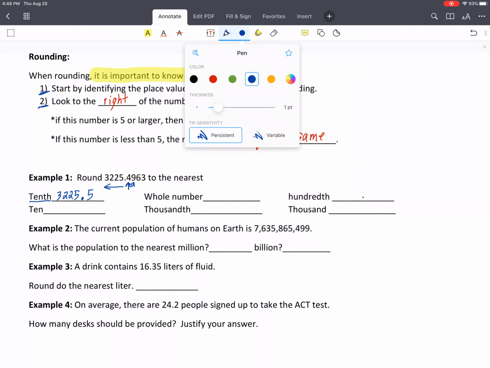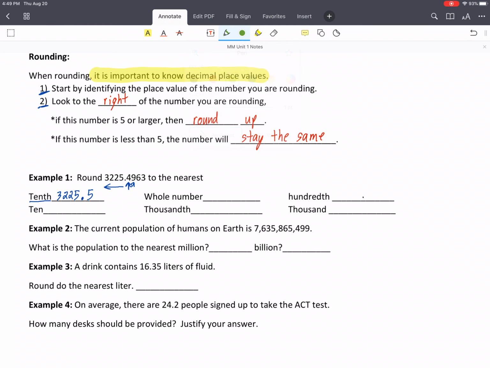Okay, let's do some more examples. Change colors, because I like doing different colors. Okay. Now we're wanting to round to the nearest whole number, or the way we could think about this is the ones place.